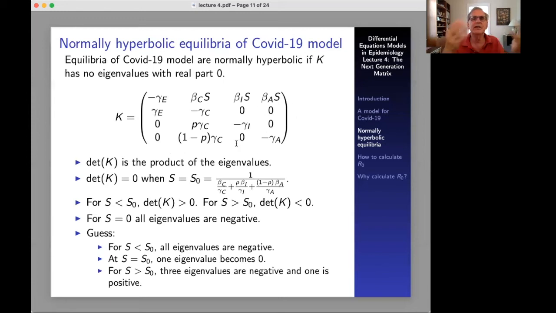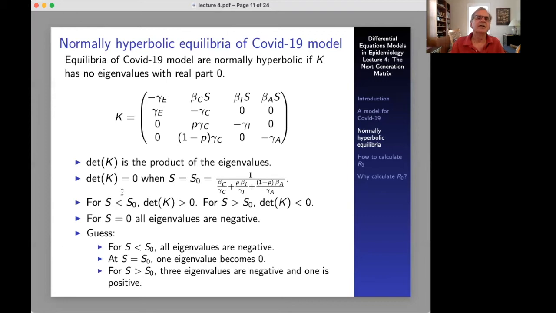You can multiply everything out to get the determinant of the matrix. I won't do it in the lecture, it's done in the book. And here's what you find out. The determinant turns out to be 0 at exactly one value of S. S equals S naught equals 1 over this expression.